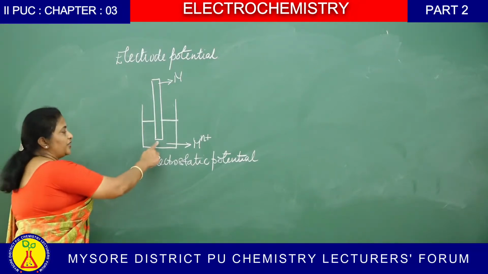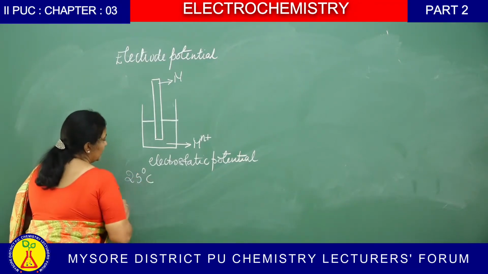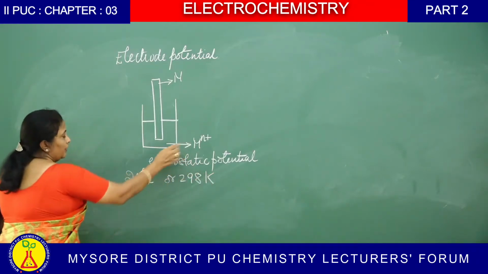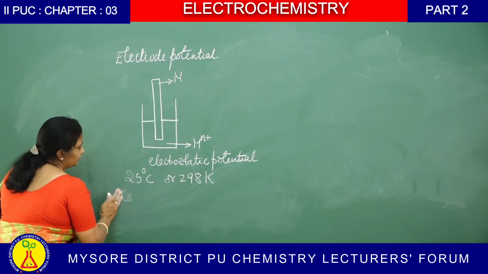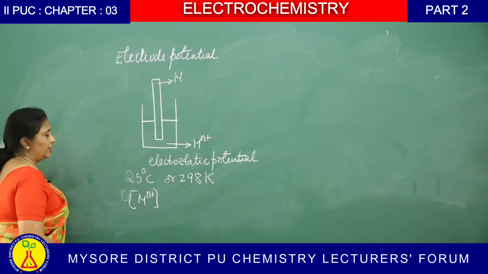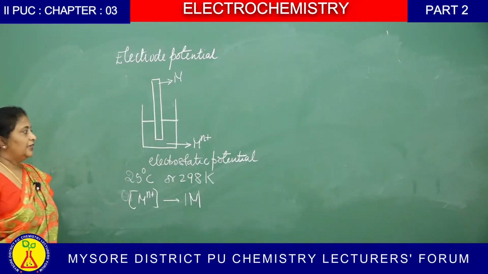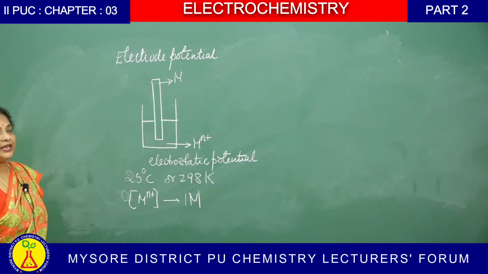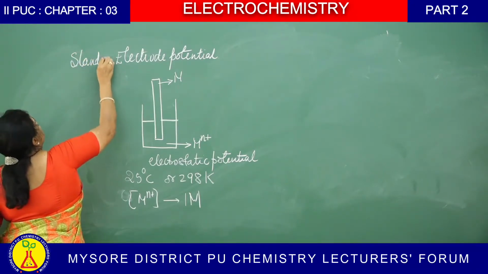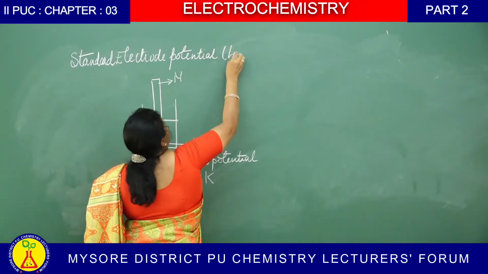If you measure the potentials at 25 degrees centigrade or 298 Kelvin, and the concentration of the metal ions is 1 molar, then the potential of the electrode is called the standard electrode potential, which is represented by E naught.